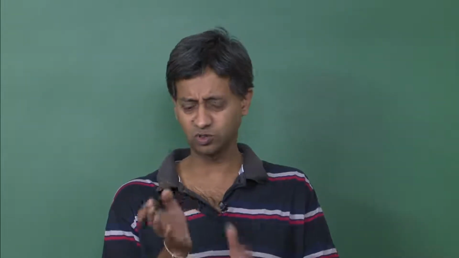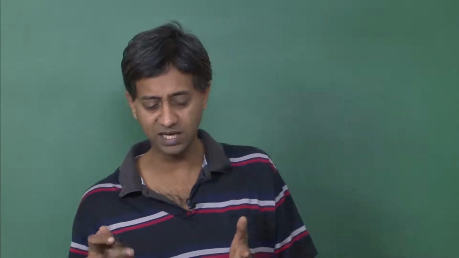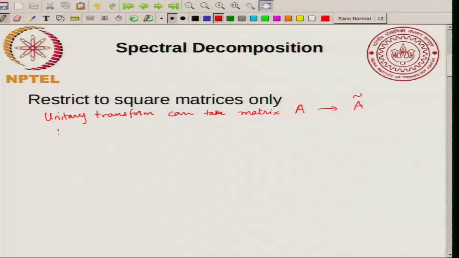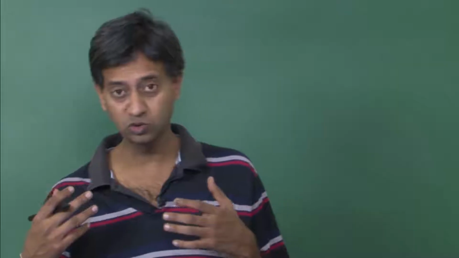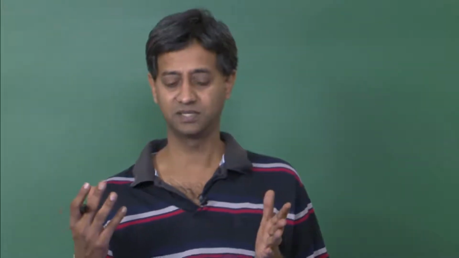You take your coordinate system and rotate it in such a way, so this is a rotation of coordinates, and you are looking at the matrix in the new rotated coordinate system.